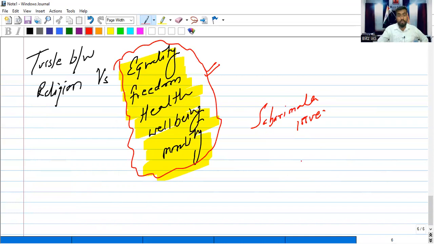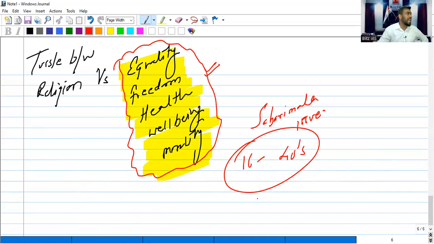If a woman is in the age group of 16 to 40s, she is not allowed to go inside the sanctum of Sabrimala temple. Why? Because a woman is in her fertility stage, in a reproductive stage, she cannot go inside the temple.